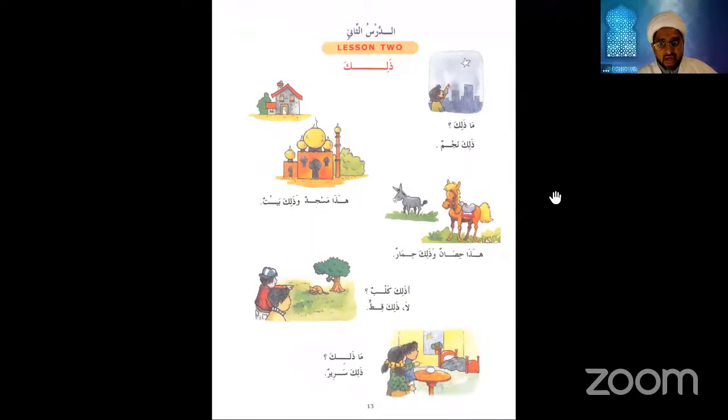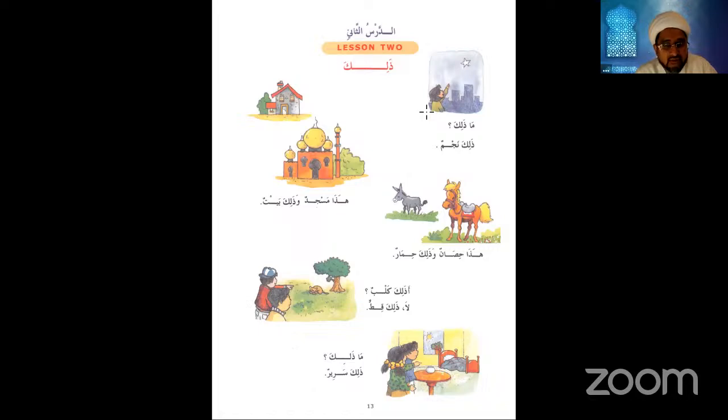Now, ad-dars al-thani, the second lesson, dhalika. So it's pronounced dhalika. Ma dhalika. What is that? So even in Surah Baqarah, we say, Bismillahir Rahmanir Rahim, Alif Lam Mim, dhalika al-kitabu. So the word dhalika al-kitabu is used in the second ayah. And the reason why dhalika is used, so the question is, anyone know the reason why? Why didn't Allah subhanahu wa ta'ala say hadha al-kitab, but he said dhalika al-kitab?